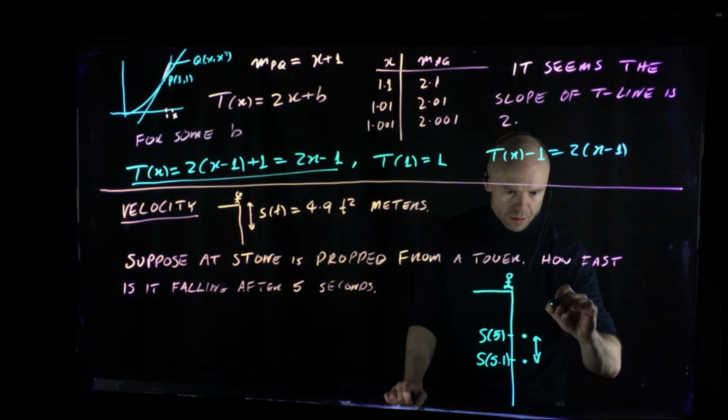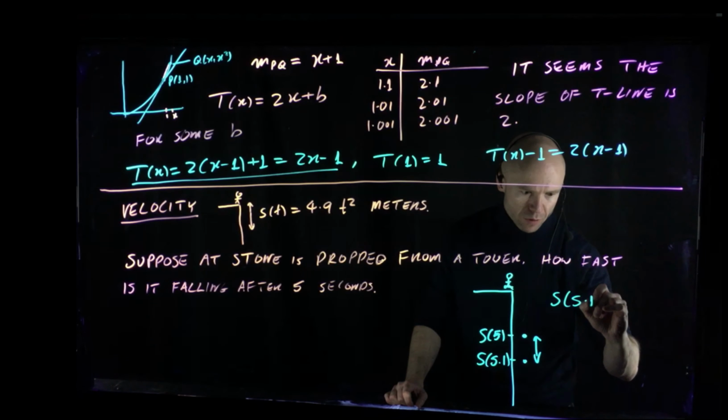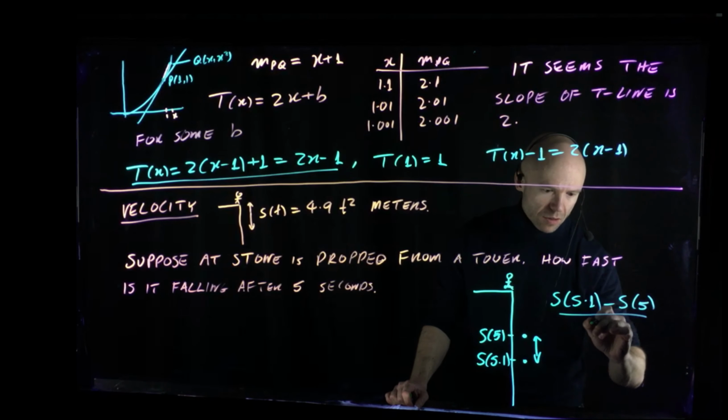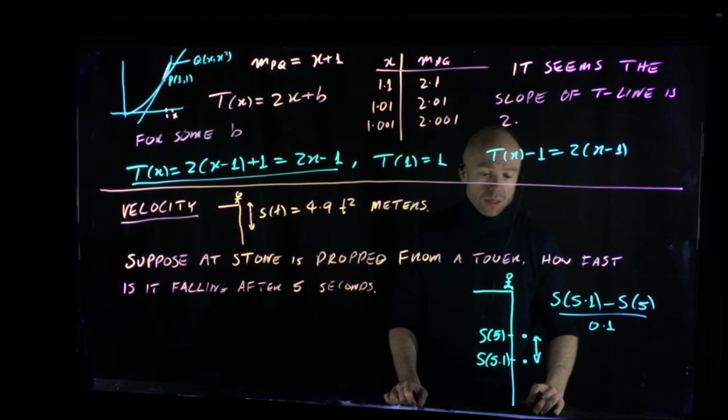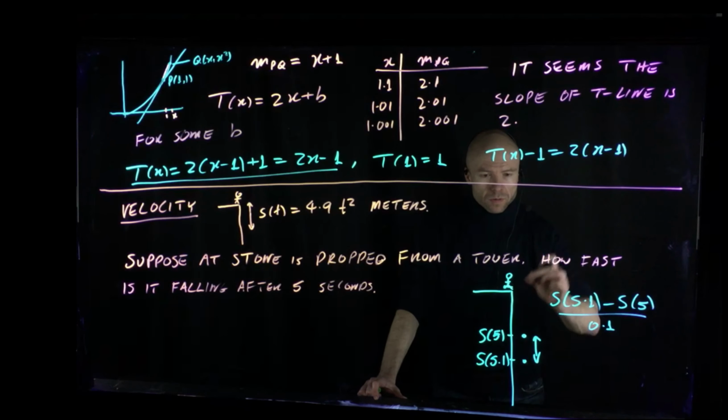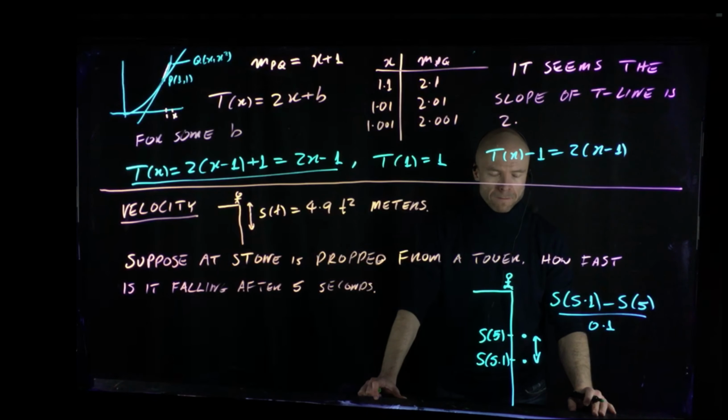So if we look at this, if we write S of 5.1 minus S of 5 over 0.1, that is not the velocity, but that is the average velocity over this time interval. Okay? And that might make a reasonable approximation to the velocity. Yeah? But not necessarily a particularly good one.